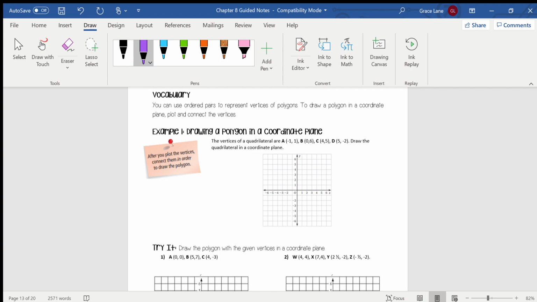So part A is -1 and 1, so that would be right there. This should just be a review from earlier from lesson 5.